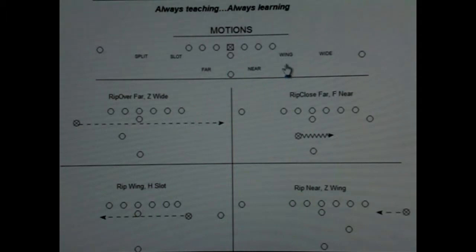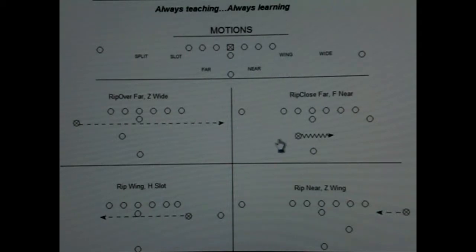This system, using these designations, these words, tell the player, first of all, who you want to go in motion, and then tells him where to be at the snap of the ball. And I think that's a little bit different. All right, so let's take a look.